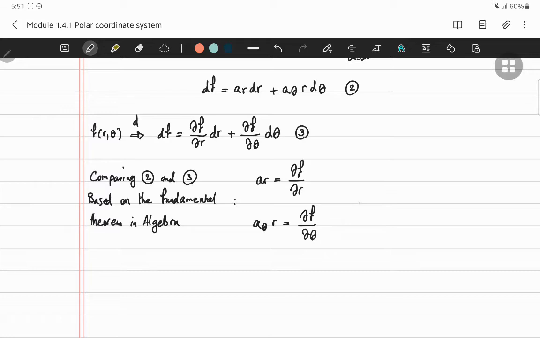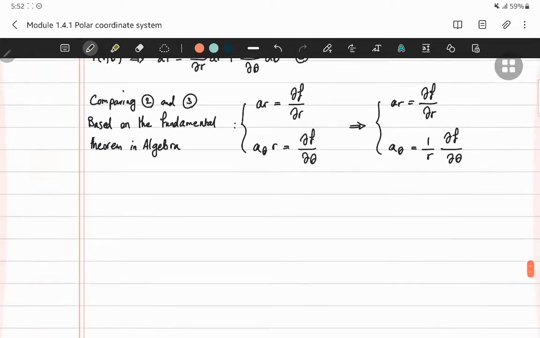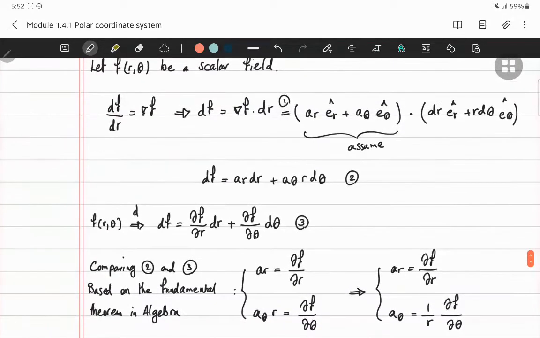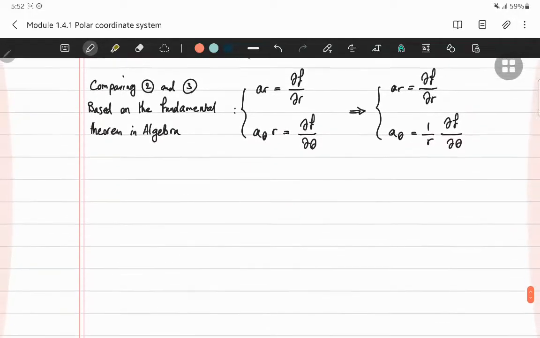Therefore, it's better to write it like this. Ar is equal to the partial of f with respect to r, and we have A theta, which is 1 divided by r, times the partial derivative of f with respect to theta. So now we substitute this into the assumption we made here.